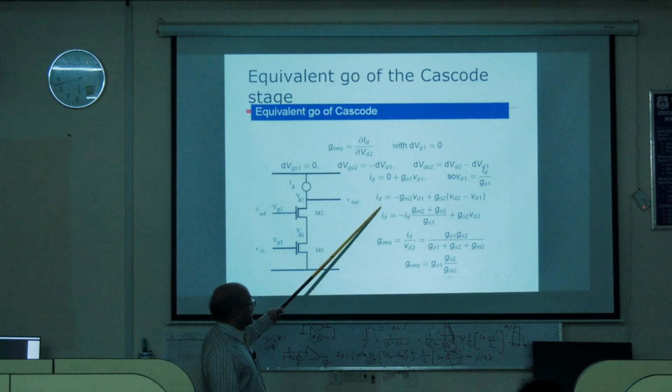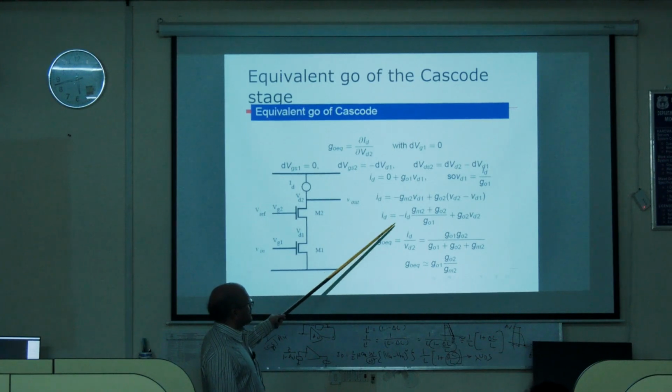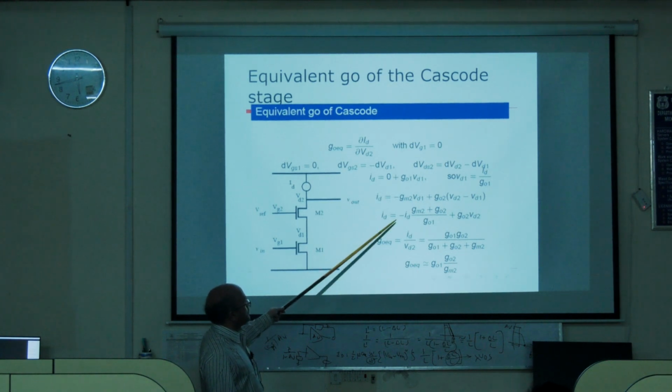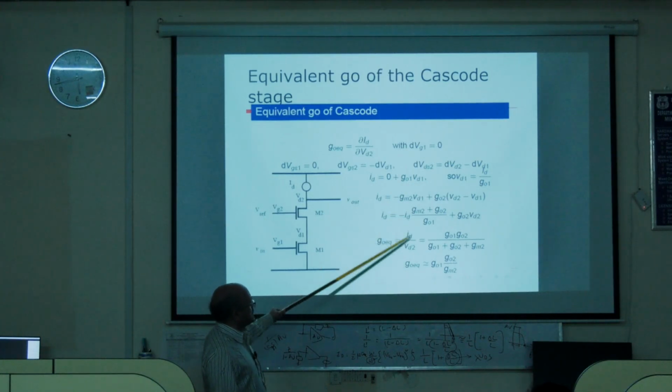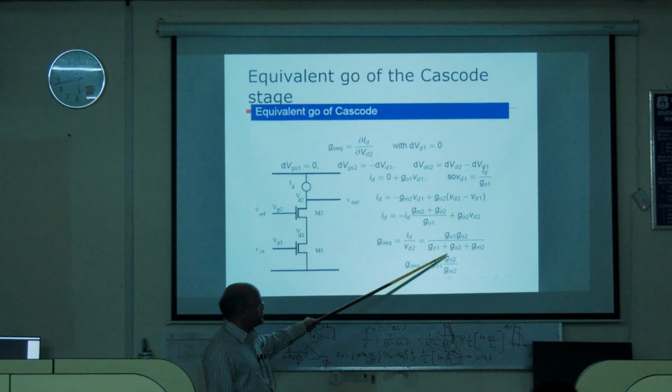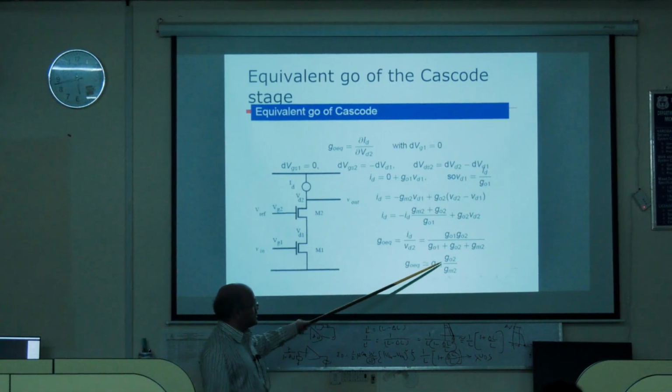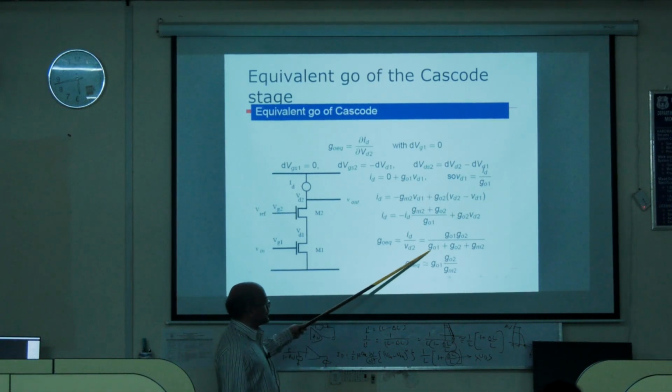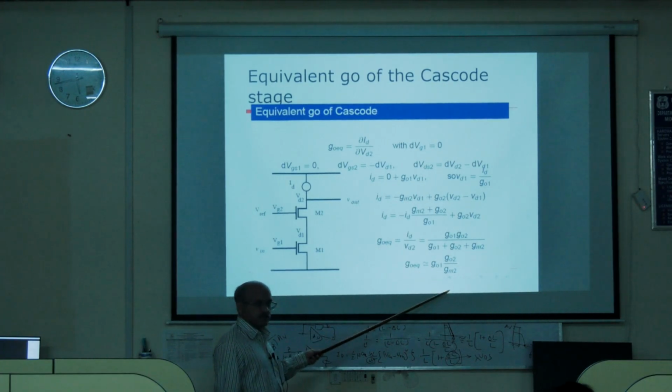So, from here, I am trying to write ID is equal to, I am going to substitute whatever is the VD1 there. So, just to solve this, with g0 equivalent equal to ID by VD2, if you solve, I will get this. Here once again gm is larger than these two, therefore you can ignore this, then this becomes g01 into g02 by gm2.